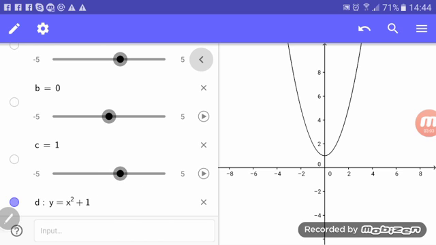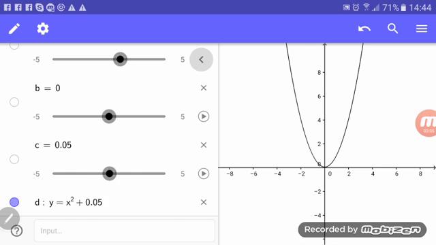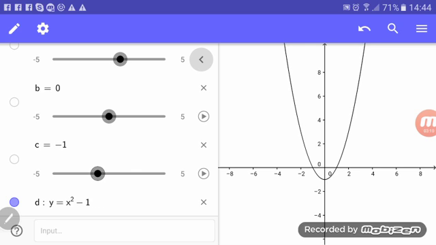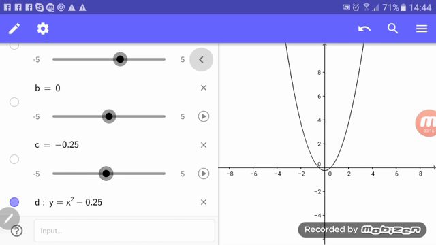Now, let's get rid of this so we can see what happens when we change our b value. Sorry, just trying to get 0.